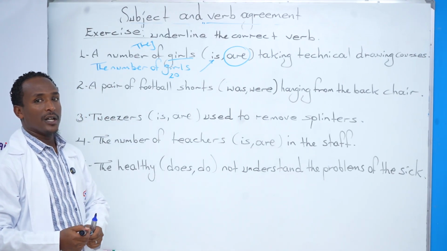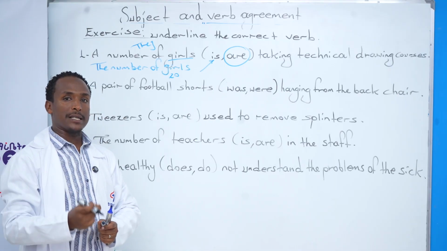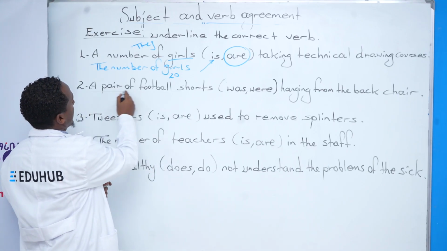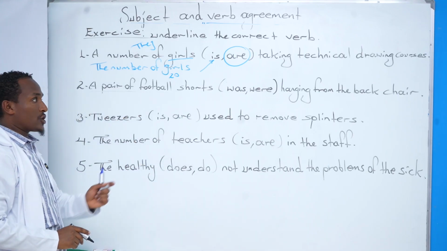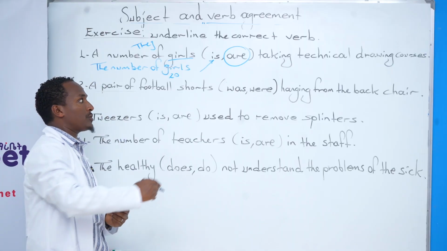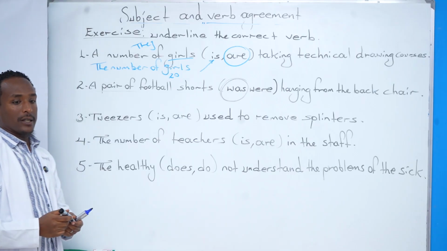Why? Because for plural-spelling nouns, or a noun which has a plural-like spelling, we add a pair of to make it singular. So a pair of football shorts, you are talking about one object, so the answer goes to was.